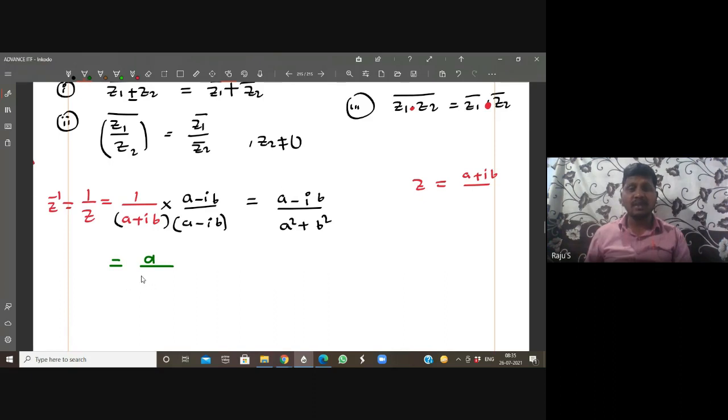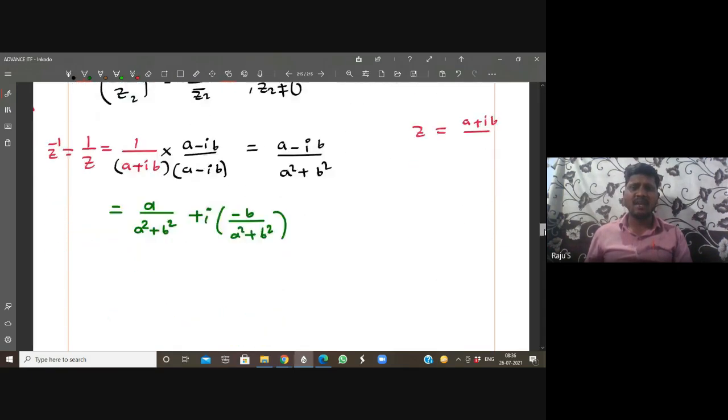After writing like this, write the real part separately and the imaginary part separately. The real part is a by a square plus b square, plus iota times the imaginary part, minus b by a square plus b square. Understood?